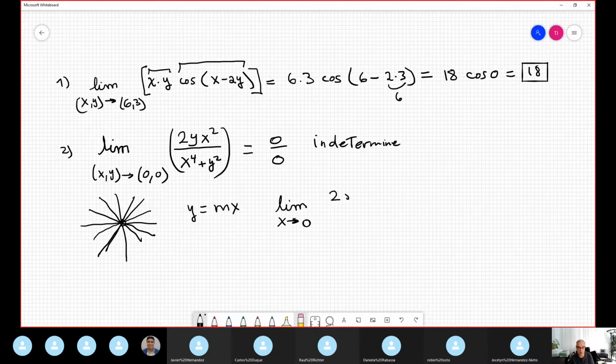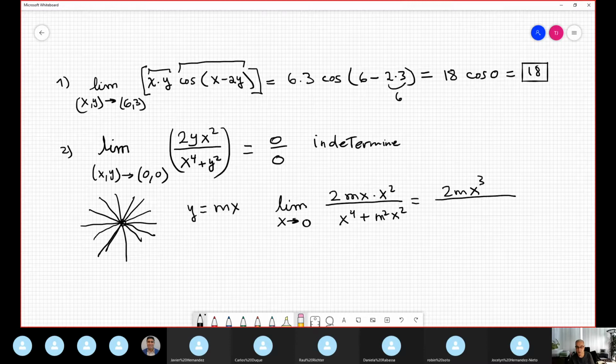So, 2mx times x squared. So replace y with mx. The bottom is x to the 4th power plus m squared x squared. Now at the top we have 2m x cubed.